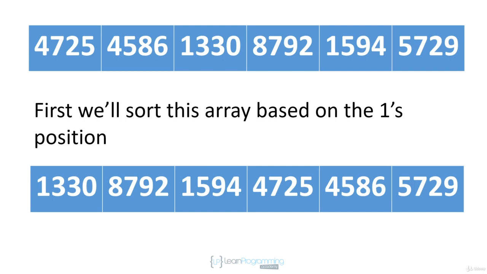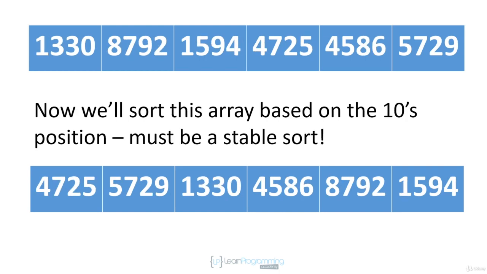And now we move to the second position from the right, or the second least significant digit, and we sort based on that. At the top is the array we just had on the other slide, and now we're going to sort based on the second to last rightmost position. For 1330, that will be 3. For 8792, it will be 9.